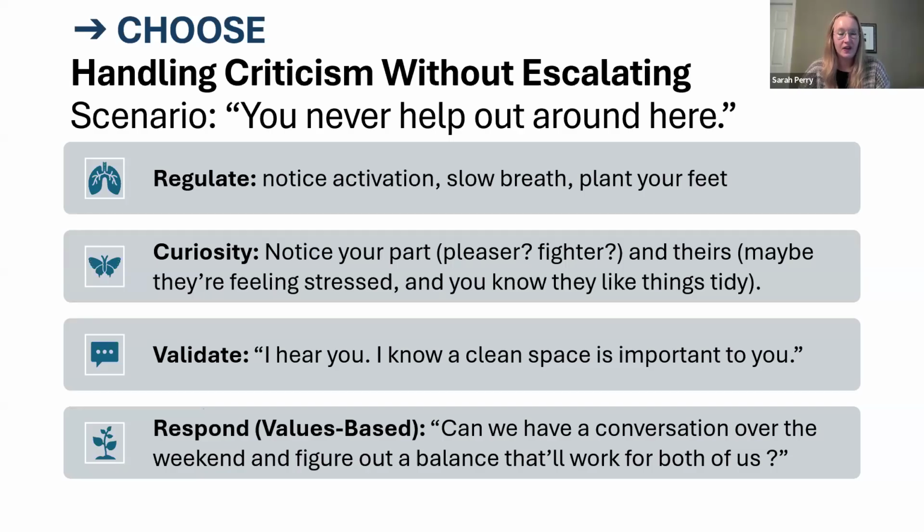Maybe you had a parent that was really critical and you were never able to please them with cleaning up around the house, so you're reacting defensively from that experience. Or maybe in a previous relationship, the best way to keep the peace was people pleasing, doing whatever they needed.